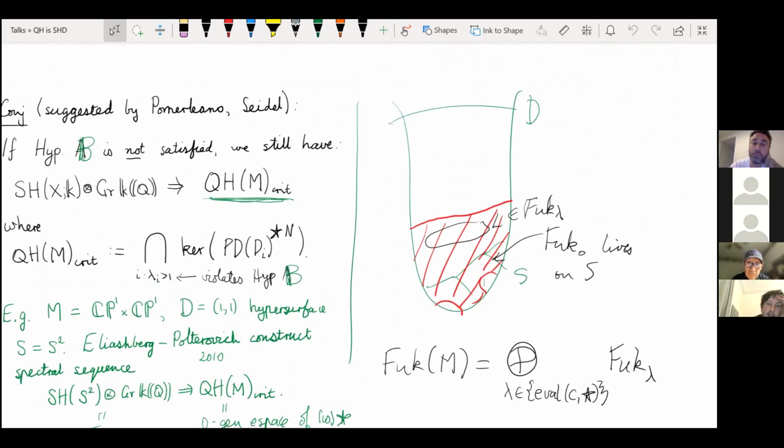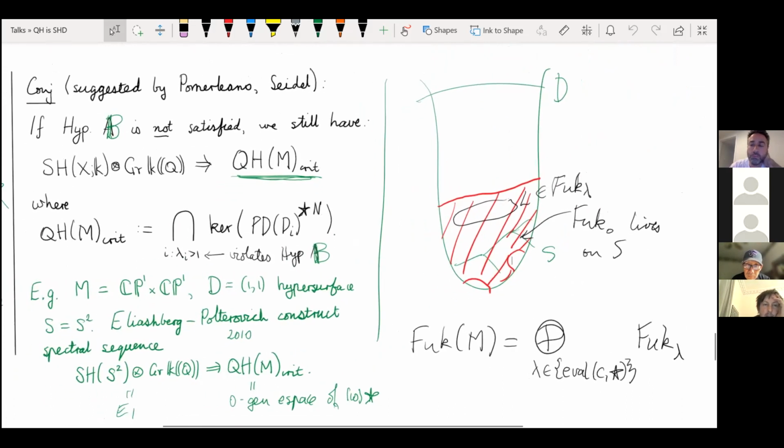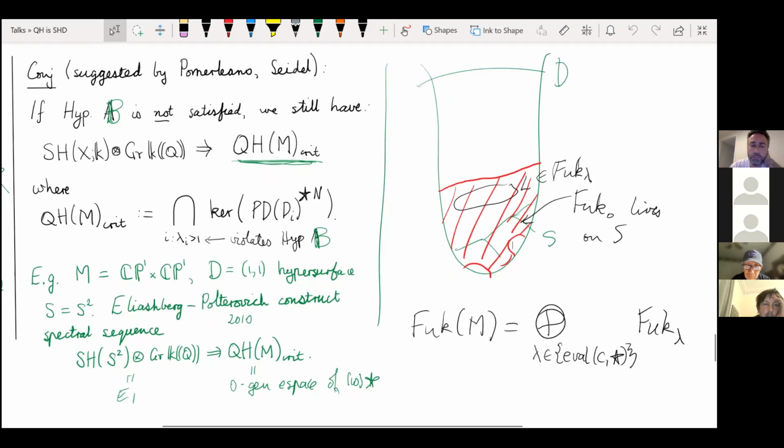So there's some analogous picture here, but to make it more precise, I would need to use this relative symplectic cohomology introduced by Varolgunes, which I didn't mention at all in my talk.